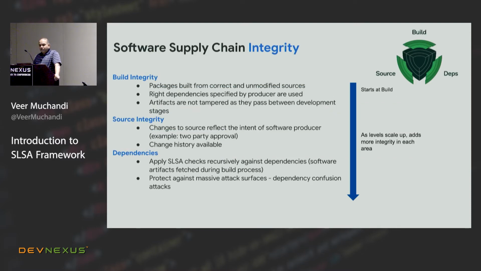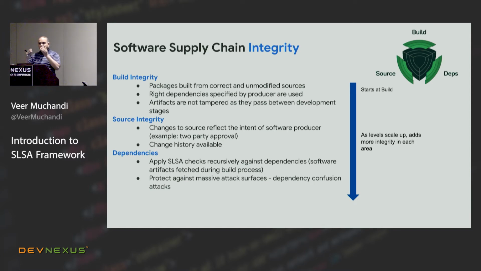So how is supply chain integrity looked at by the SLSA framework? Remember, we talked about three kinds of threats: build threats, source threats, and dependency threats. Right? For the three kinds of threats, you have to establish the three kinds of integrity, right?